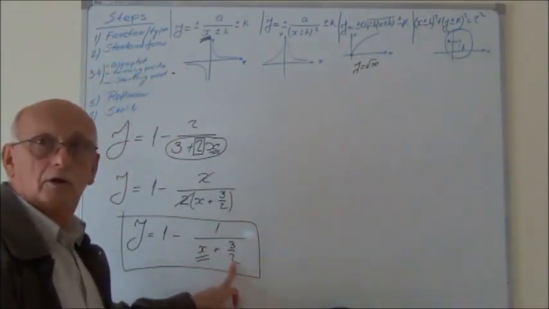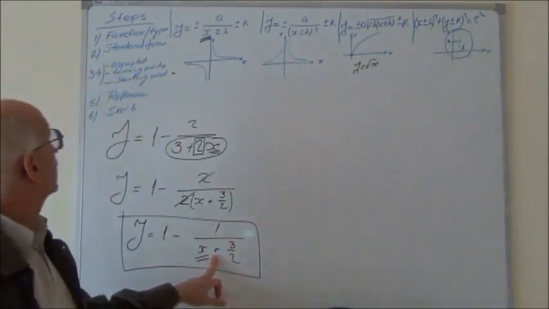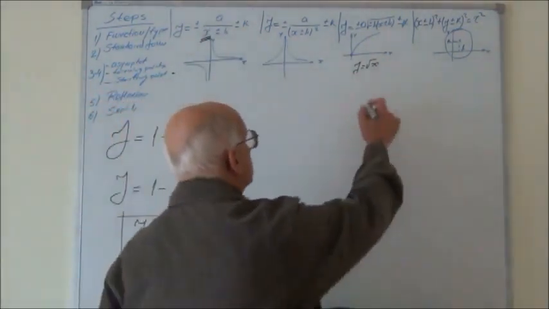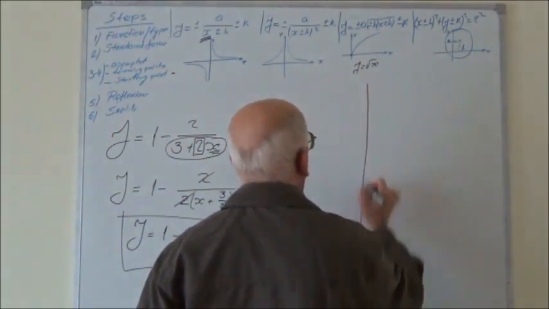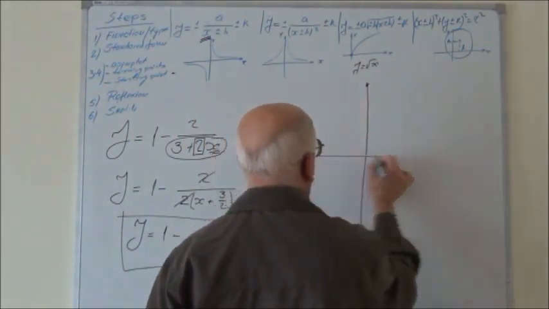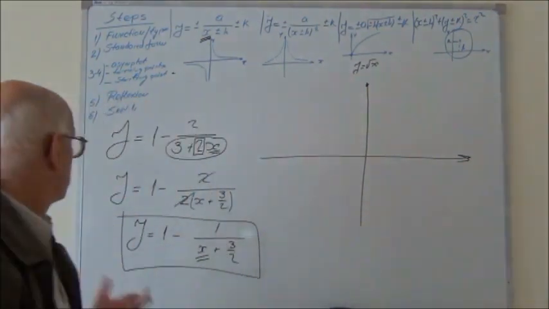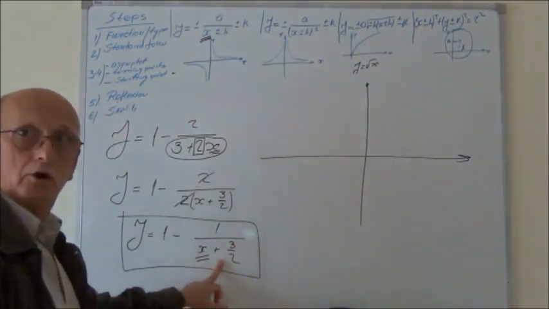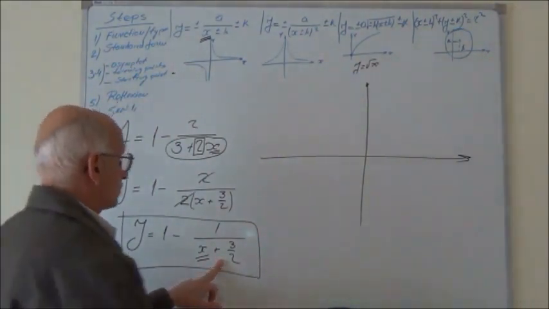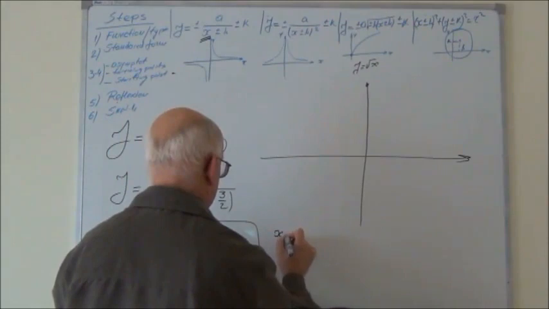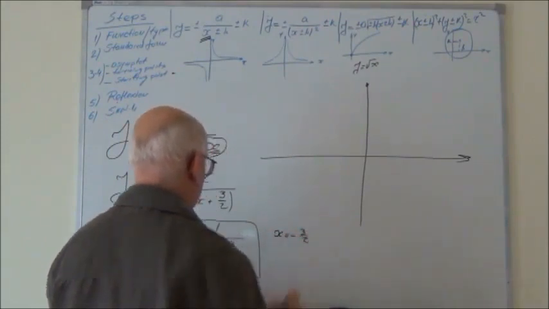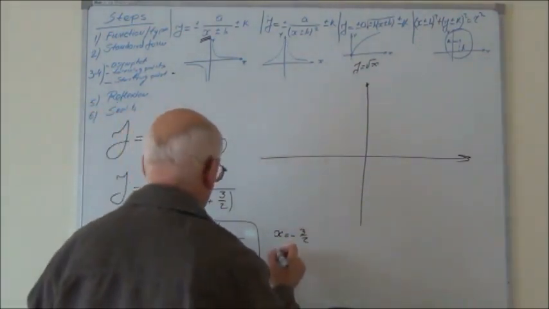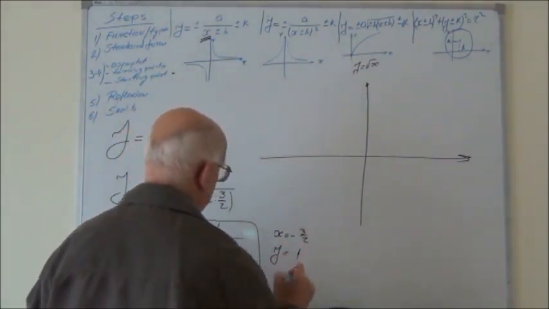Here we have some number added or subtracted from x, that is actually the horizontal translation, and now we can sketch the graph where we have all necessary information. So our vertical asymptote equation is x equal minus 3 on 2, and our vertical translation or horizontal asymptote equation would be 1.